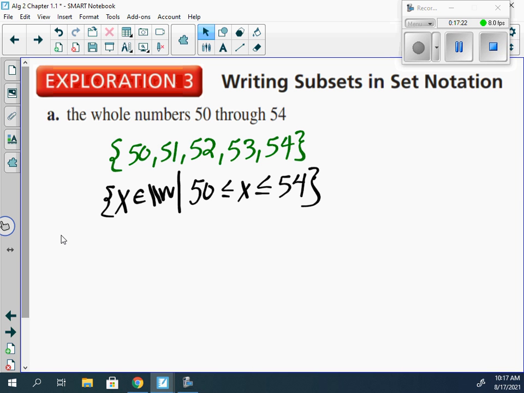That's not any easier because it's about the same amount of work as just writing 50, 51, 52, 53, 54. It doesn't improve anything. And that's really what it's going to come down to with all of these: what's easier to write, a set or set builder notation?